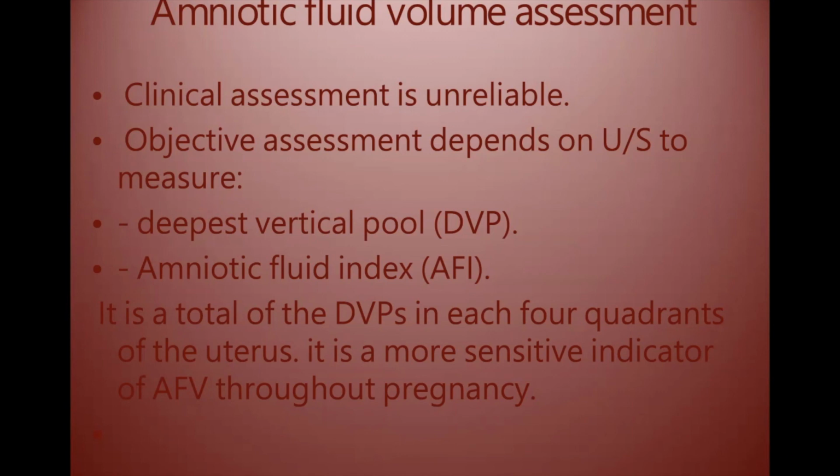A fluid pocket may contain fetal parts or umbilical cord loops, but these are not included in the measurement. Color Doppler is generally used to verify that the umbilical cord is not included in the measurement.